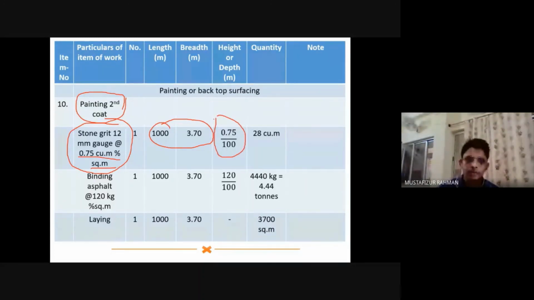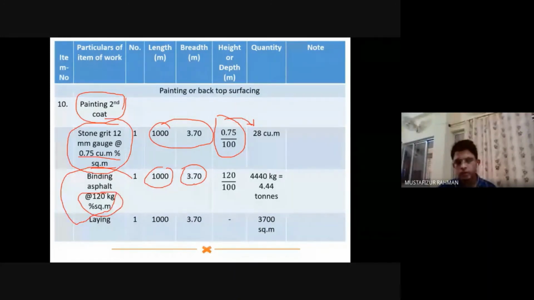Why? Because it is mentioned per 100, and we will get the cubic meter. Then binding asphalt is there. Everything is the same. It is mentioned as 120 kg per 100 square meter, so 120 divided by 100, and we get how many kg. And laying work in this area.